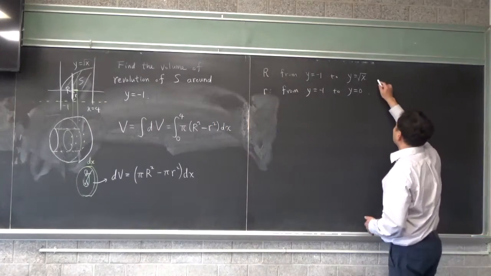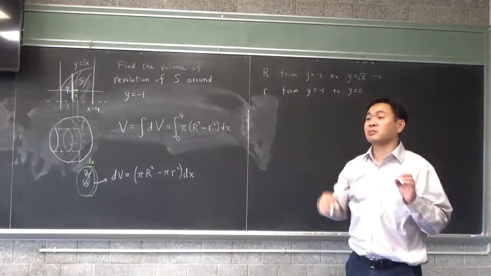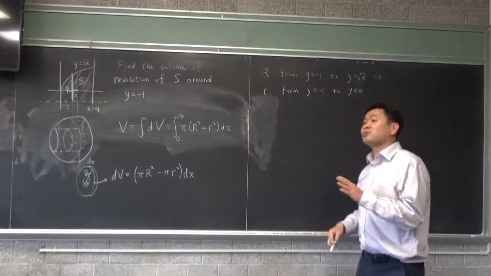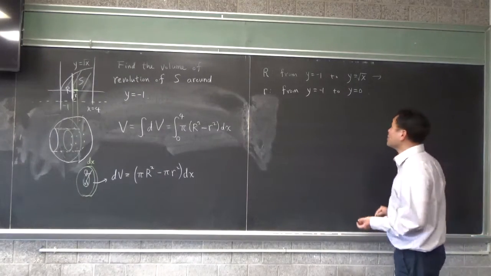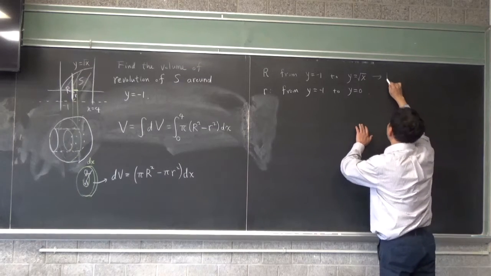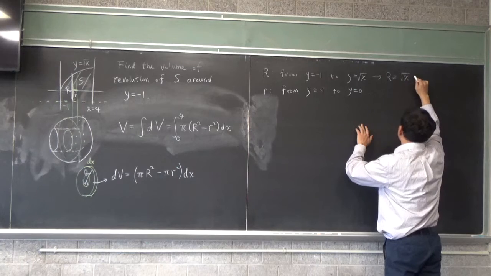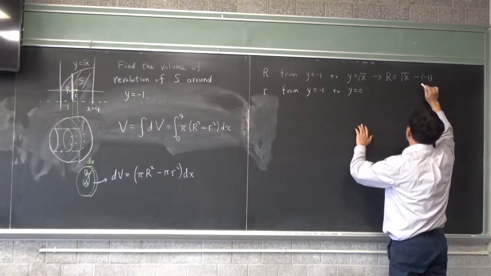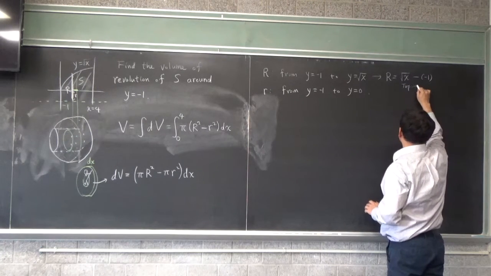How do you actually measure the distance though? You subtract, y2 minus y1. You subtract to find the distance between two places, right? So you have R, therefore, as square root of x minus -1. And we think of this as top minus bottom.